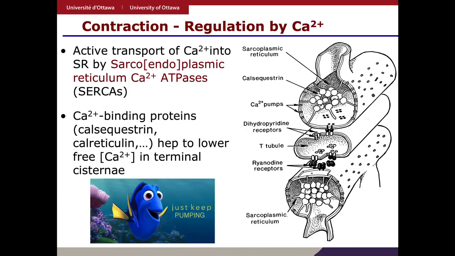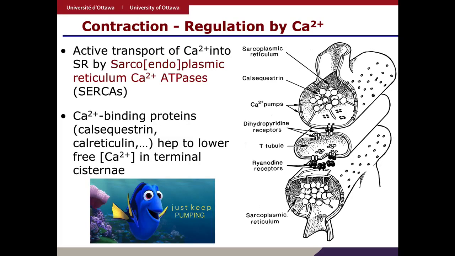How does contraction end and allow muscles to return to the relaxed state? In the SR membrane, there are calcium pumps called sarco or endoplasmic reticulum calcium ATPases, or SERCA, that continuously transport calcium ions back into the SR. This is against the calcium concentration gradient, so it is an active transport process, and therefore ATP is required.